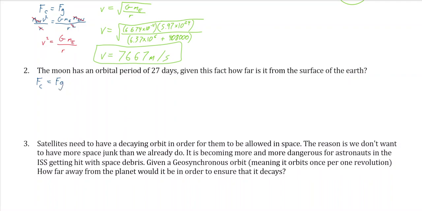So now we can talk about the mass of the moon. And so if we have the mass of the moon, V squared over R equals G. Oh, let's not use V squared over R because we know the orbital period.